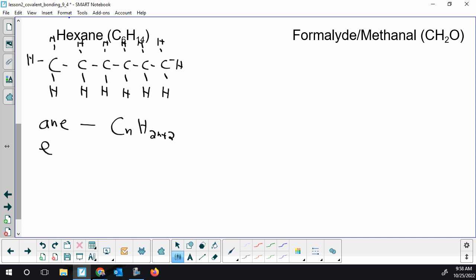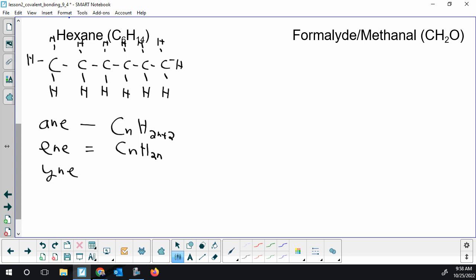In Chem 30, we'll do enes that have a double bond, and their hydrogen count is just double. So if there were 5 carbons, there'd be 10 H's. Here, that can help you. It's a guide to put in a double.